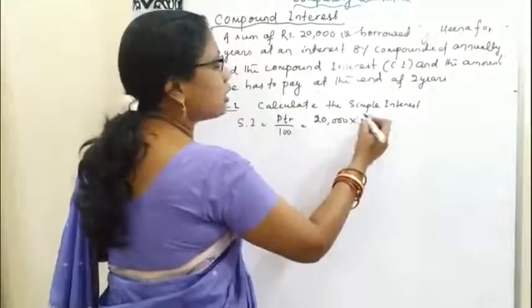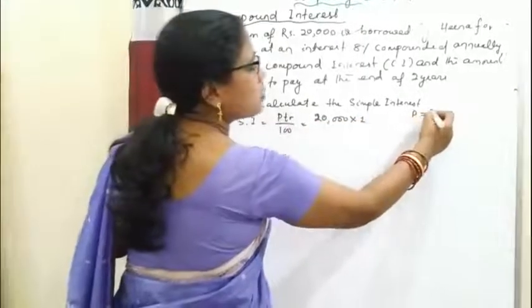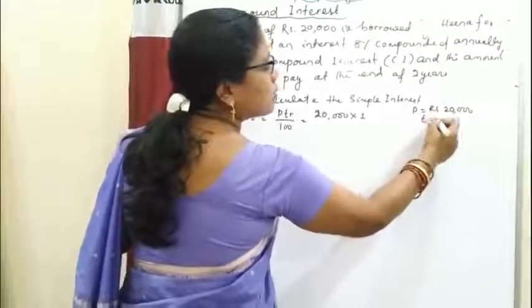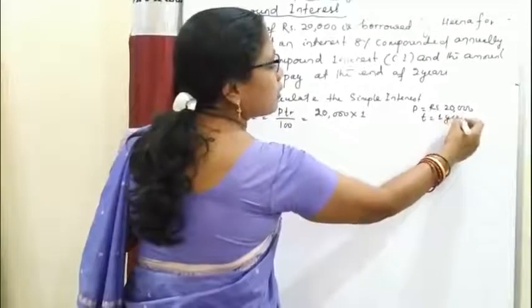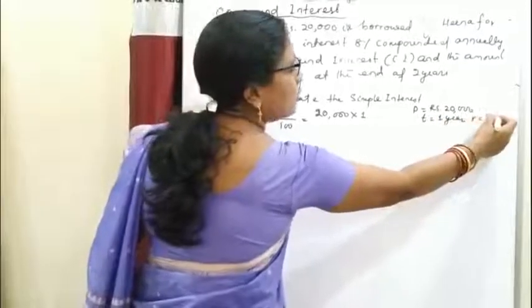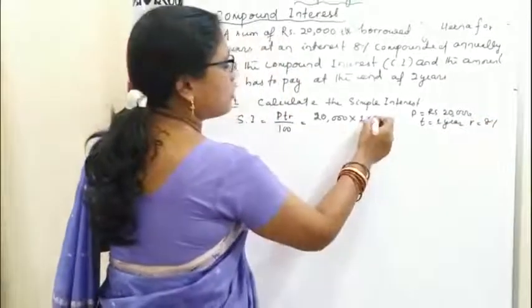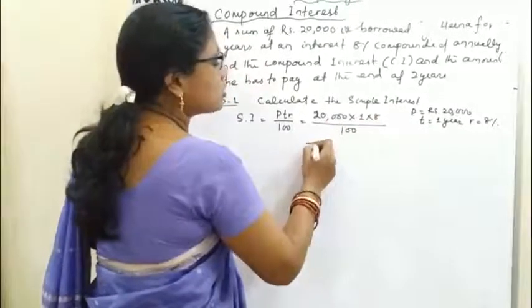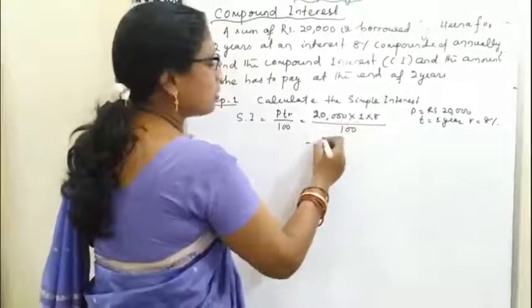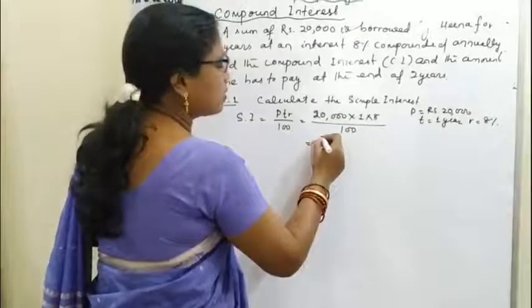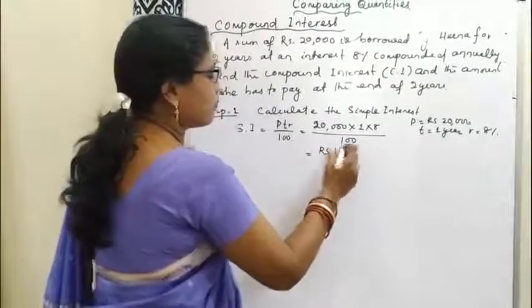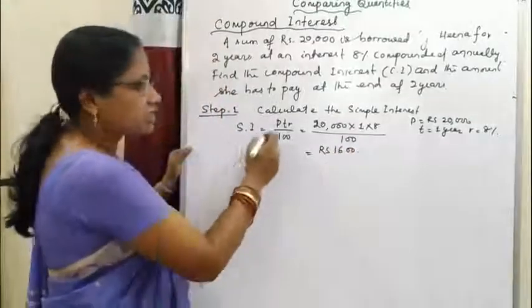Here the principal is rupees 20,000, time is equal to 1 year and R is equal to 8%. So multiplied by 8 divided by 100. So this is equal to 200 multiplied by 8, which is rupees 1600. So this is the simple interest.